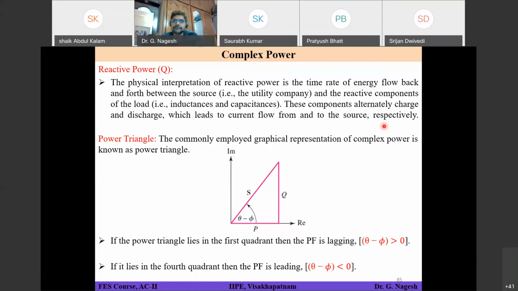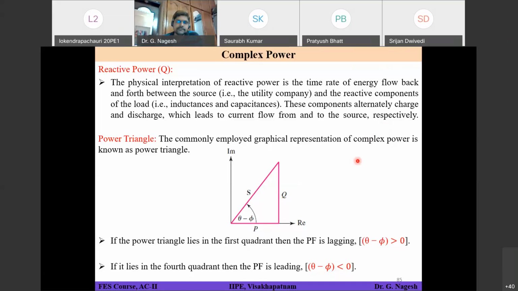It is called reactive power because it will not consume any real power. It will just transfer from source to load and load to source back. That's all. This is denoted by Q, not by P. P is the real power which is actually consumed or delivered to the load. Q is not actually consumed by the load. It is just shuffling, moving from source to load and load to source.